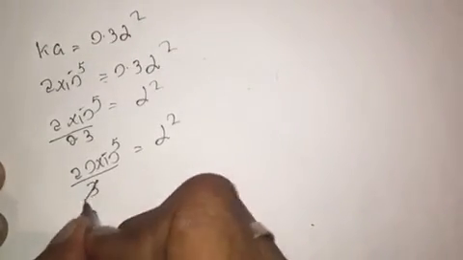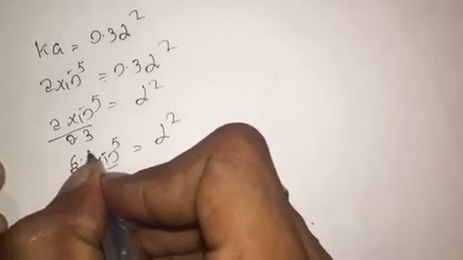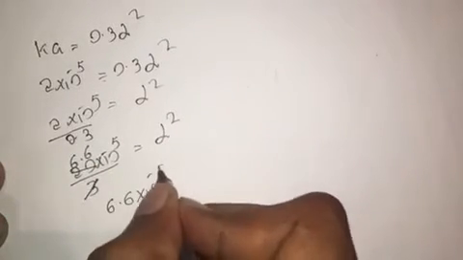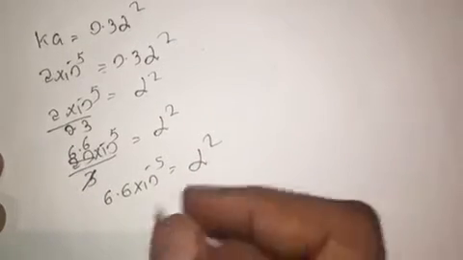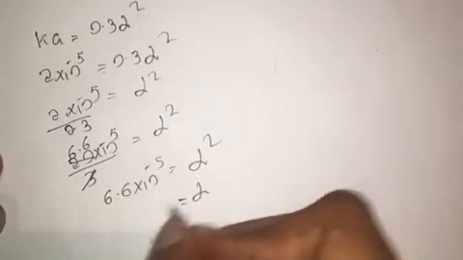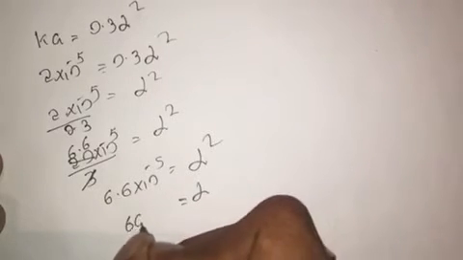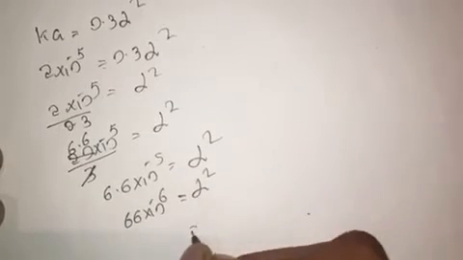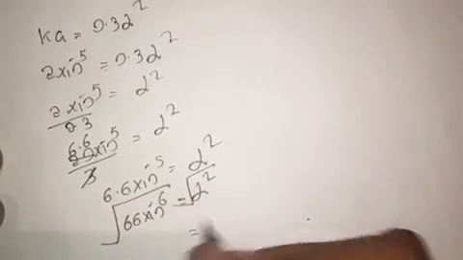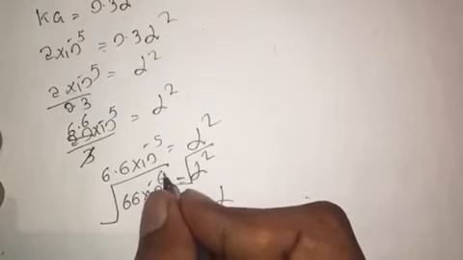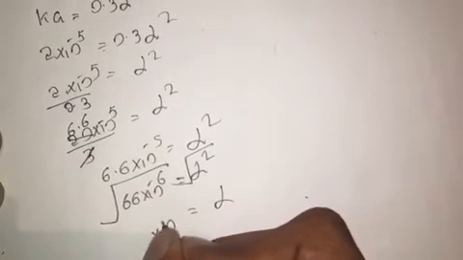Now we can simplify: 6.6 into 10 to the power minus 5, square root. Now we can write 66 into 10 to the power minus 6 for alpha square. Now we can get alpha. We know square root of 10 to the power minus 6 equal 10 to the power minus 3.